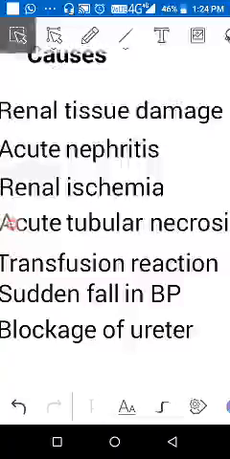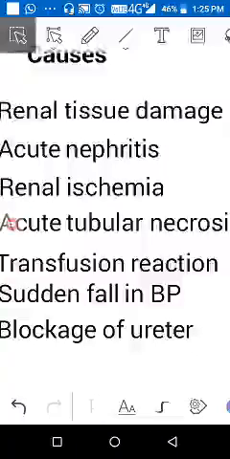It can make the blood clot, so it can make the blood coagulate. In that case also, the blood supply into the kidney can be disrupted. Transfusion reaction means the reaction that takes place in the body if incompatible blood is supplied intravenously.